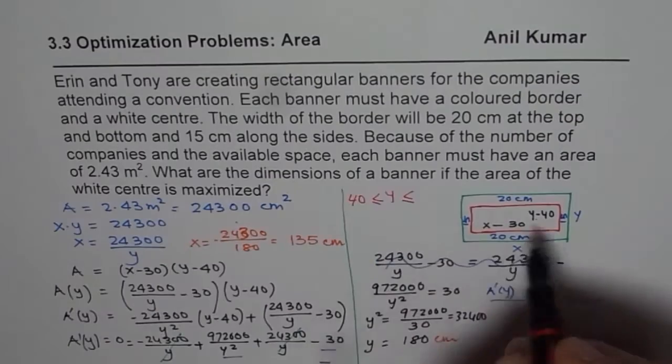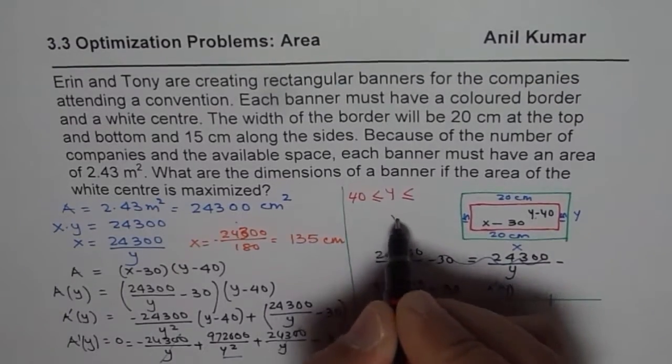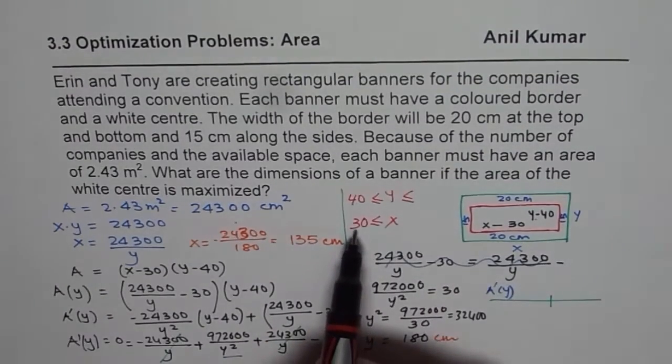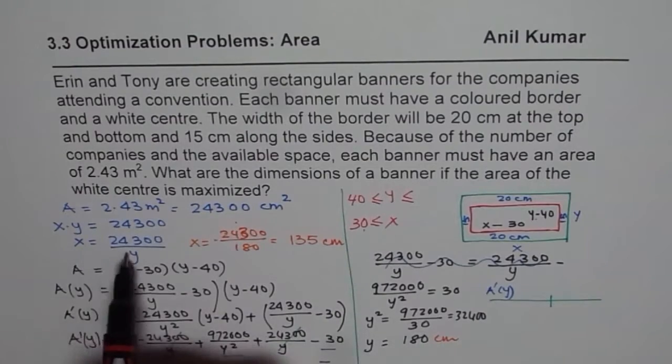And we can find what x is. x has to be greater than or equal to 30. So for x equals 30, you can find the value of y.